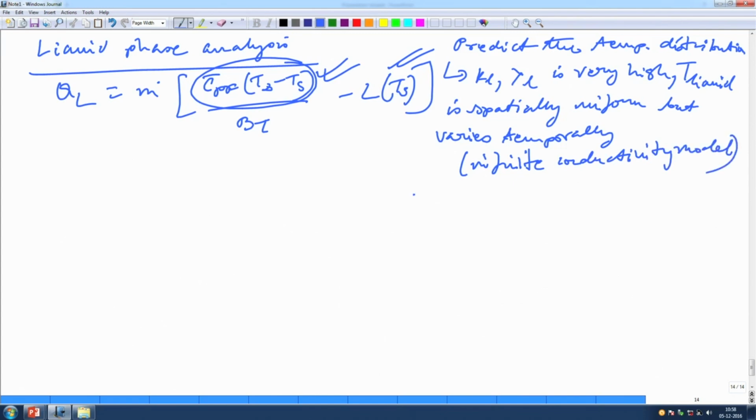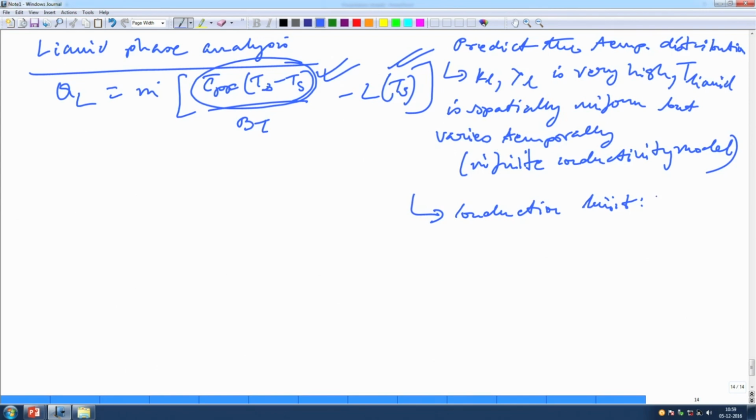Similarly, there could be a conduction limited model, the conduction limit, where heat transferred through the droplet solely happens due to thermal conduction.